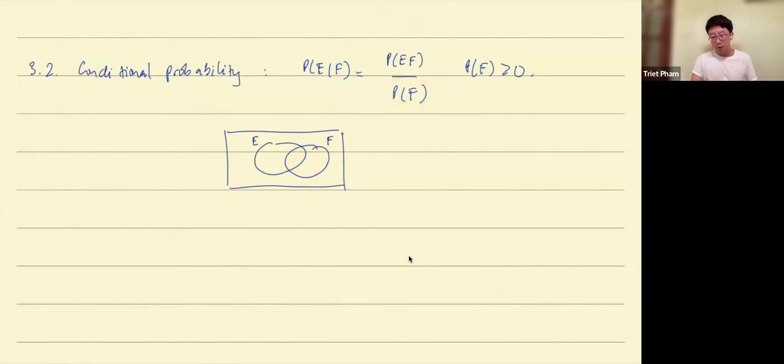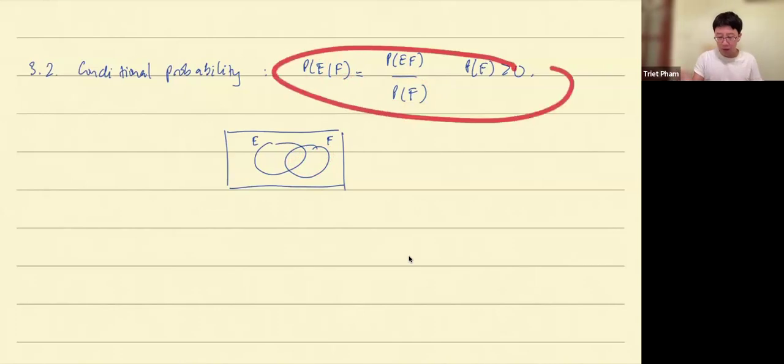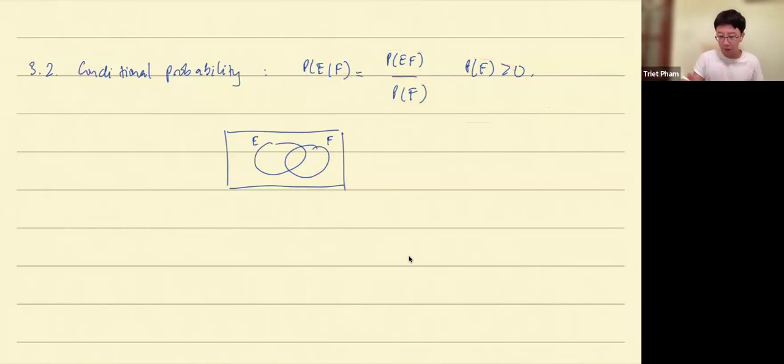With respect to that knowledge, how likely is it, or what's the likelihood that E happens as well. So that's one of the ways that conditional probability can be asked. They ask you to calculate P of E given F for certain events.